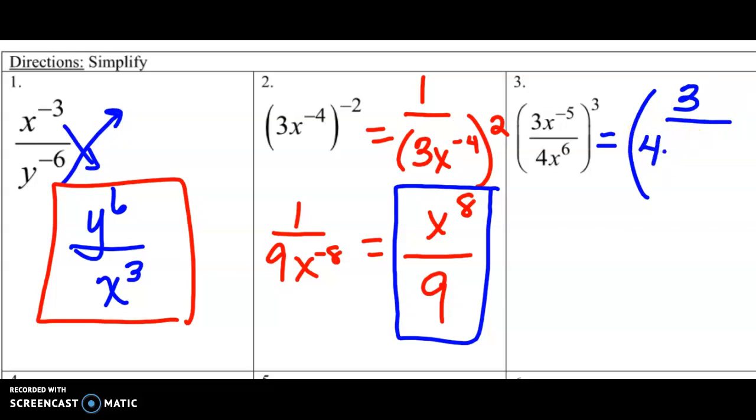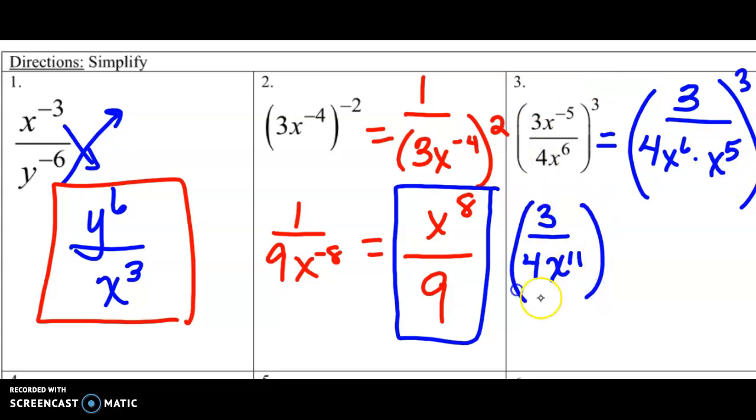The 4 would stay, the x to the 6th would stay, but this x to the 5th comes down and now it's positive. And then I'm cleaning up the inside still, so I can change this x to the 6th times x to the 5th. I have 6 x's, 5 more make 11.